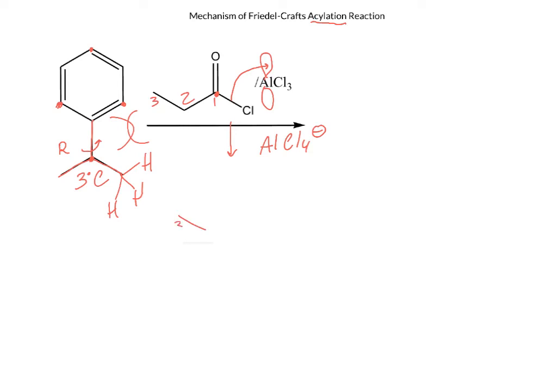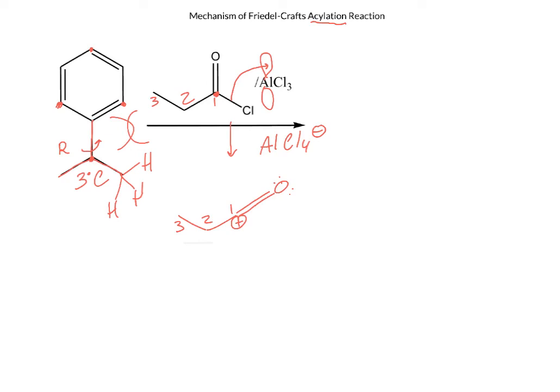So we have carbons 3, 2, and 1. But this carbon remains sp hybridized. So we went from sp2 hybridization to sp. This is carbocation, acylium carbocation. So whenever you form carbocation, you go one level down in hybridization, for example, from sp3 to sp2.